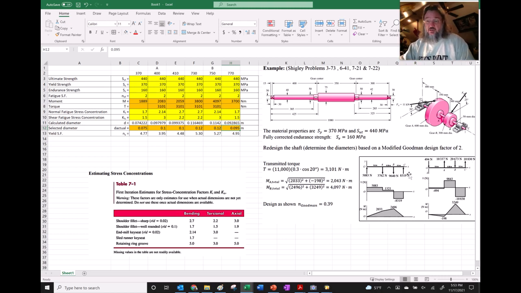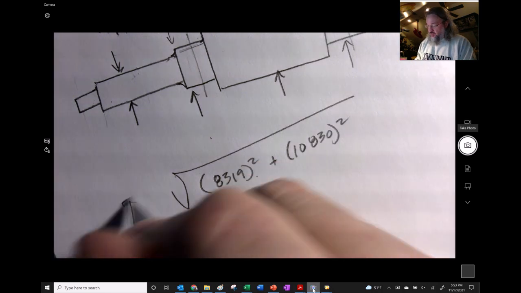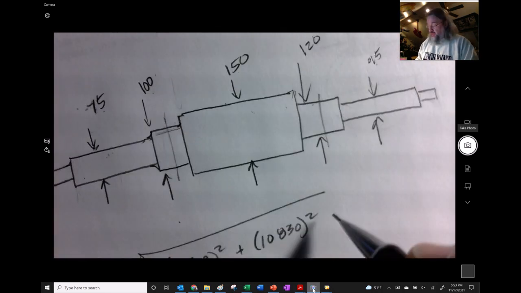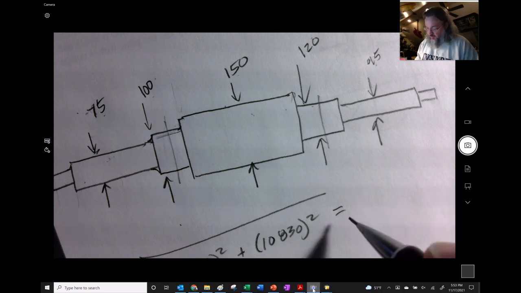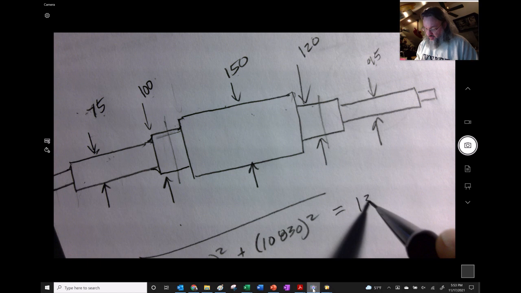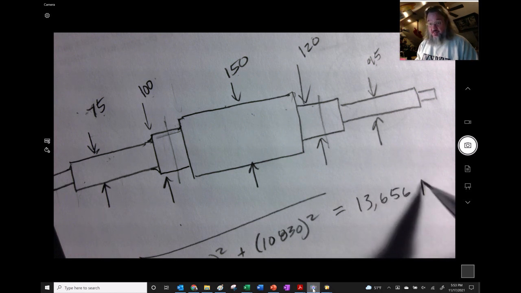So that's going to be the reaction at C. So RC, the total reaction right there, is going to be the square root of 8,319 squared and 10,830 squared. And so we're going to get 13,656. These are newtons.